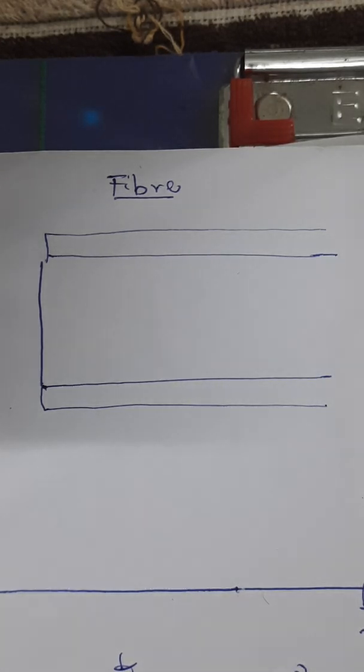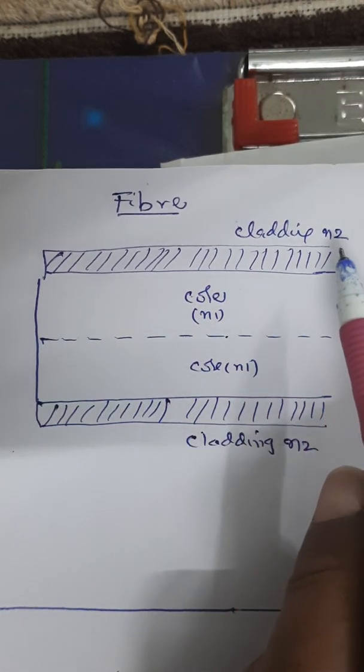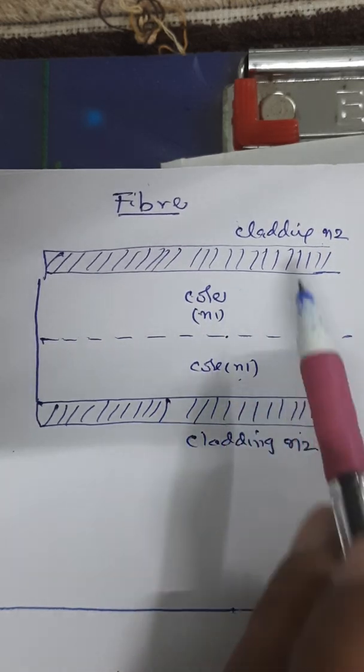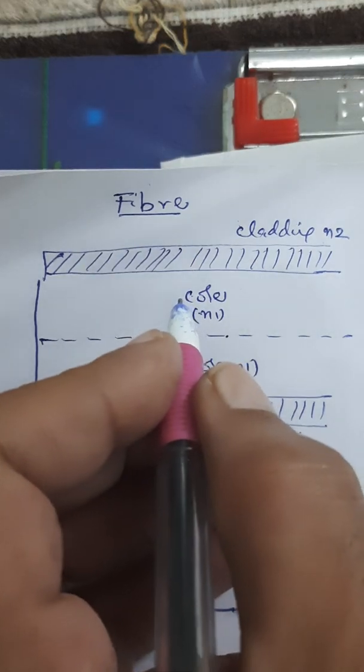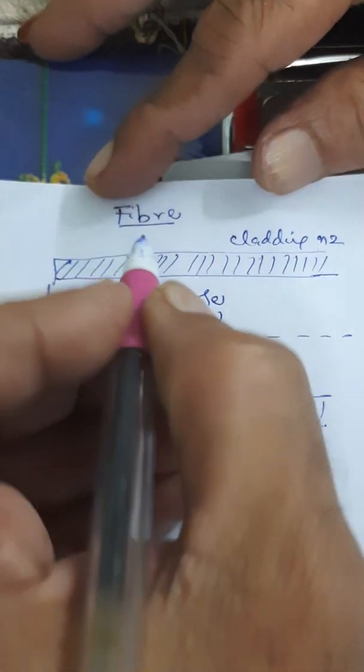For that I am considering a cross-sectional view of an optical fiber having a core and a cladding. The refractive indices of core and cladding be N1 and N2. Cladding is at the outer edges. Here N1 is always greater than N2.